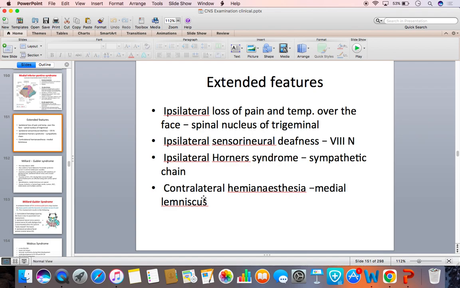The spinal nucleus carries the fibers for pain and temperature. Okay, they cross in the spinal cord and ascend upwards to reach the pons in the medial lemniscus.